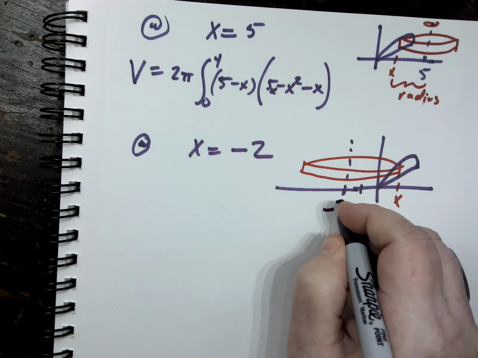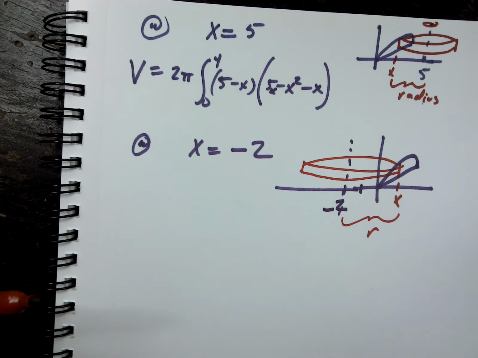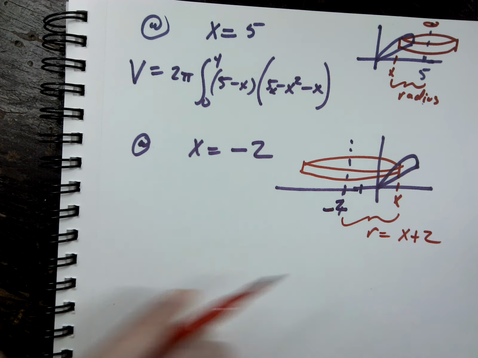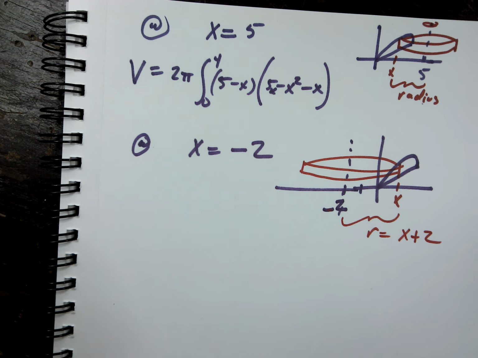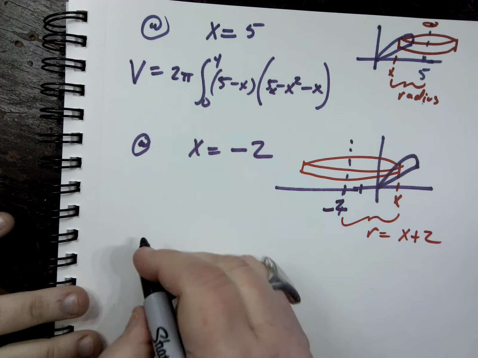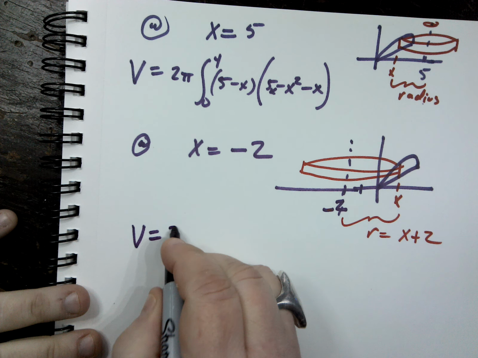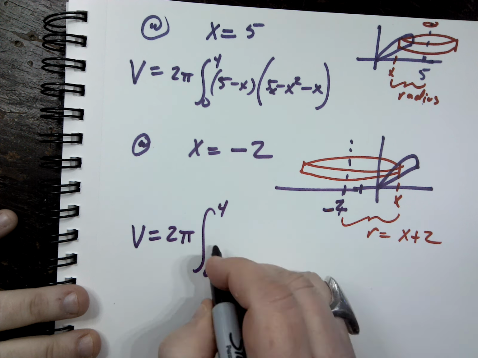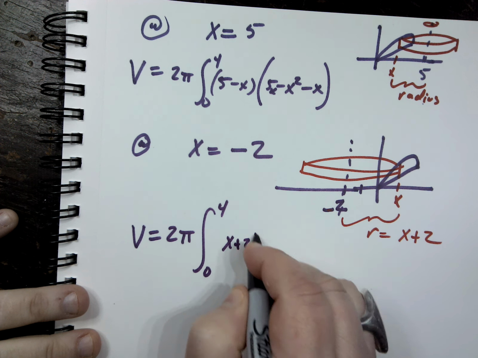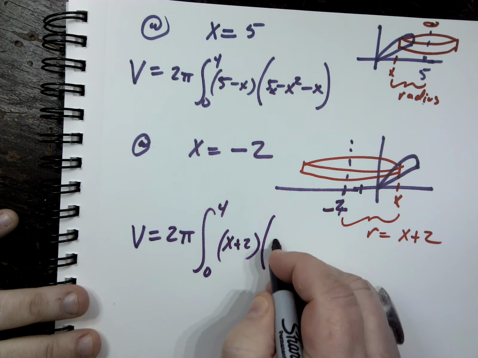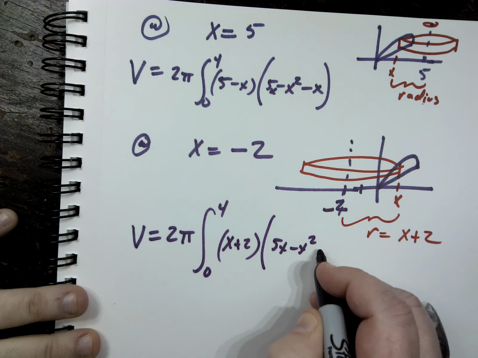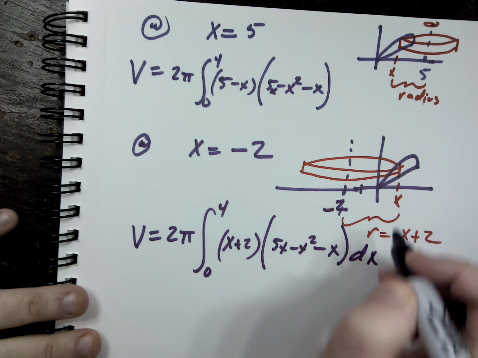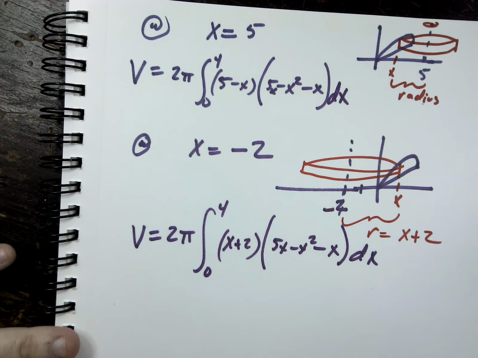This is the line x equals -2. So my radius will equal x plus 2. So therefore my volume is 2 pi, integral from 0 to 4. My radius is x plus 2. My height is 5x minus x squared minus x for the bottom one. And I like my dx.